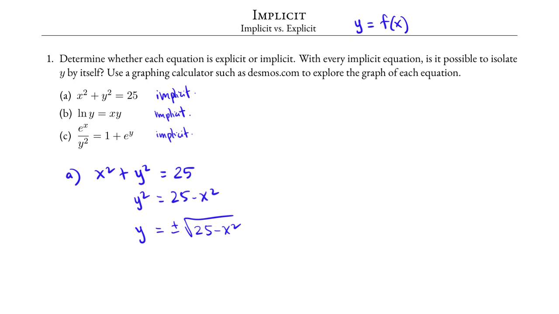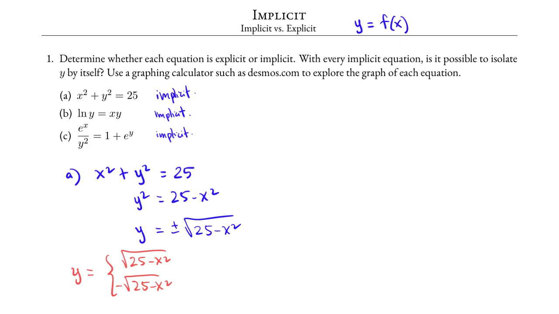This is a piecewise function where y equals the positive square root of 25 minus x squared, and the negative, negative the square root of 25 minus x squared. Because there are two pieces, it is usually preferred that we work with implicit instead of isolating y. That is, just because we can isolate y doesn't mean that we should do it.